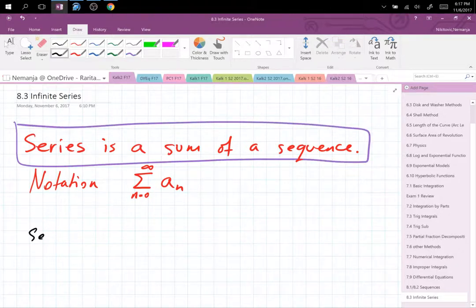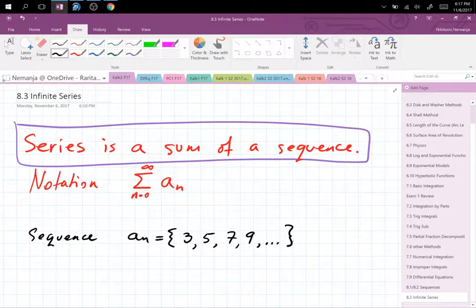So take a sequence a_n equal to, let's say, 3, 5, 7, 9, going on forever.